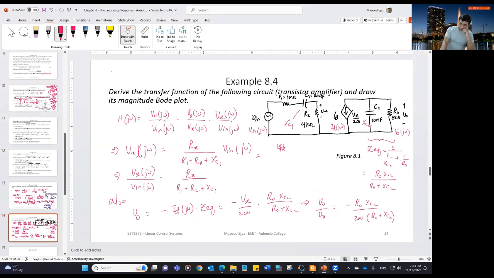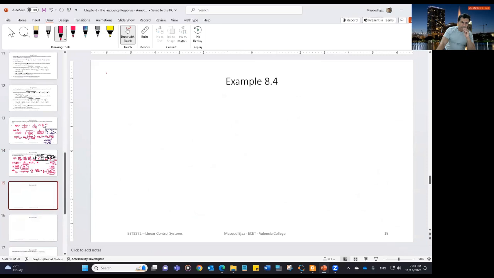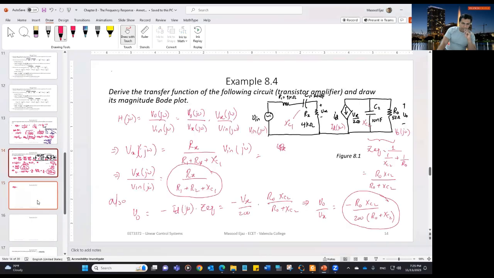So when you put them next to each other, you're going to get the complete transfer function, which will be this term times this term. Let's do that. It's a little longer. So H(j omega) is equal to, what do we have?